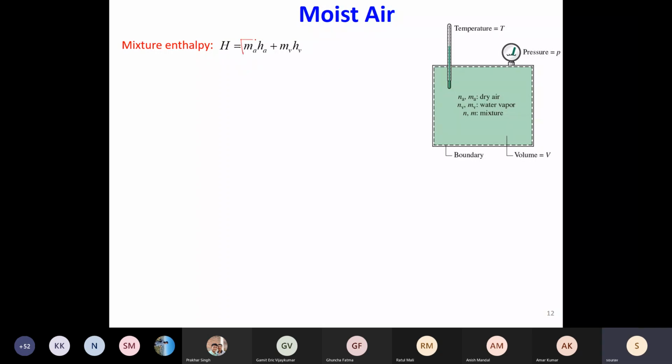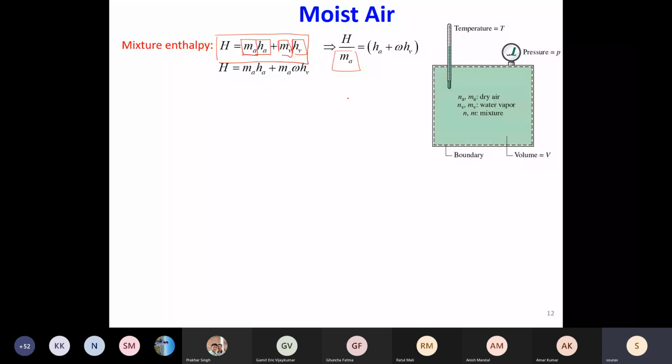So mass of dry air times the specific enthalpy of dry air plus mass of water vapor times the specific enthalpy of water vapor is the total enthalpy of this mixture. Now I can divide this entire expression by the mass of dry air, and what we end up with is enthalpy of dry air plus omega times enthalpy of water vapor. Please remember, this is water vapor and not liquid water.